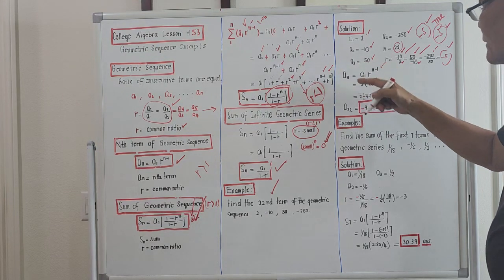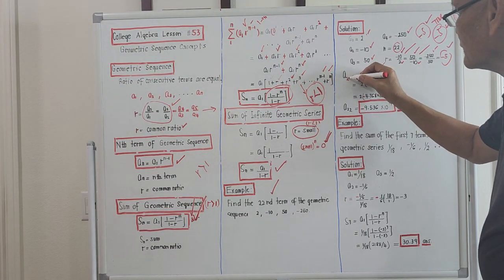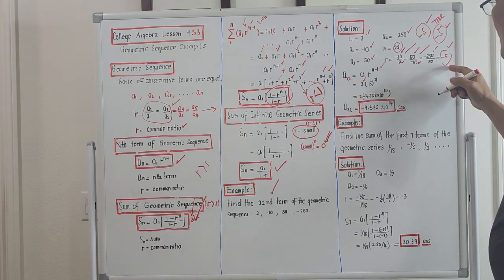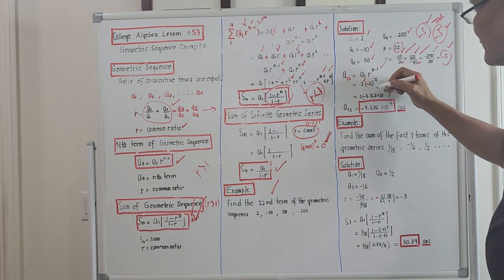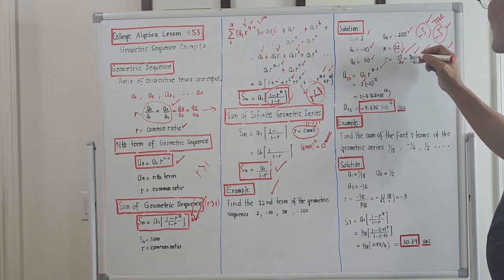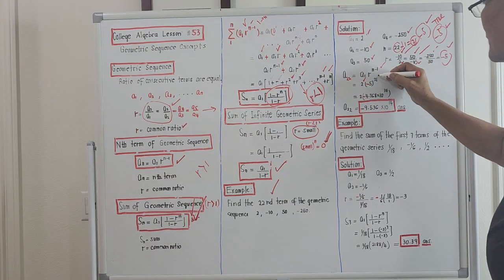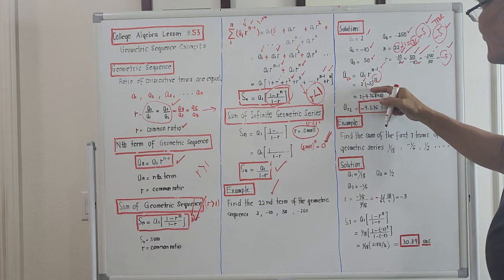So, computing for the 22nd term, a22 should be equal to a1, which is 2. The value of r as per verification is negative 5. Carry the sign, okay? Raised to n minus 1. n minus 1 is actually 21, right? So this is raised to the 21. 2 times the quantity negative 5 to the 21.